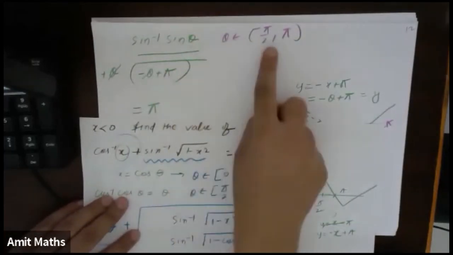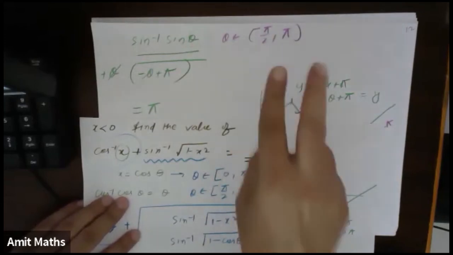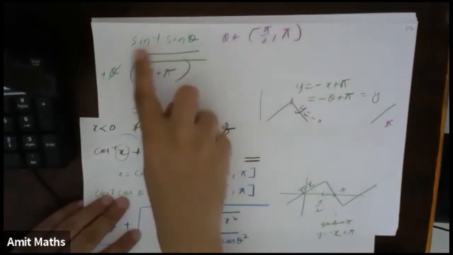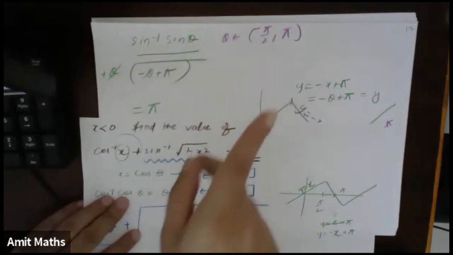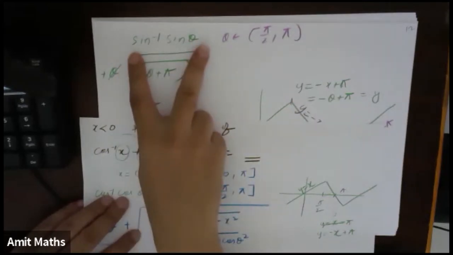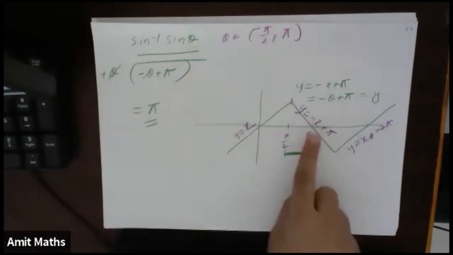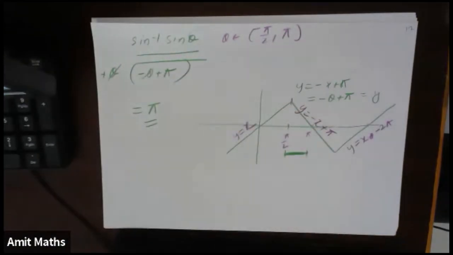So theta is lying from pi by 2 to pi, right? In pi by 2 to pi, this part will not simply come out as theta. What will this part come out as? We have to find using the graphs which we have already plotted.